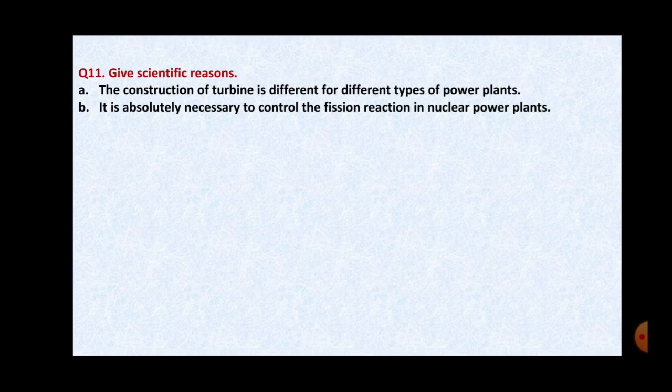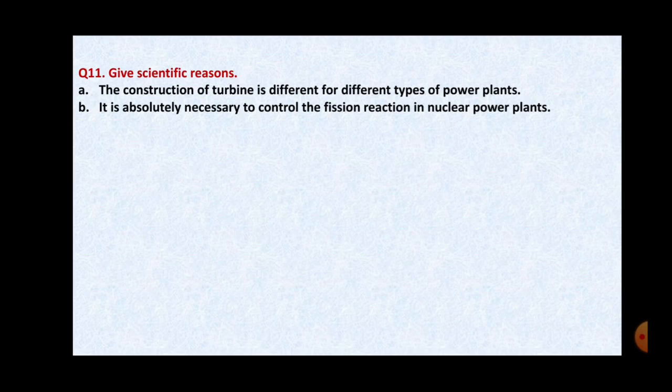This uranium-235 is bombarded with neutrons, and because of this bombardment it gets converted into uranium-236, which is an isotope of uranium-235, and this uranium-236 is very unstable. So it immediately converts into barium and krypton, and in this conversion 3 more neutrons are released.